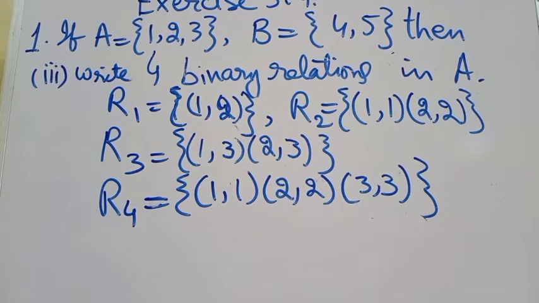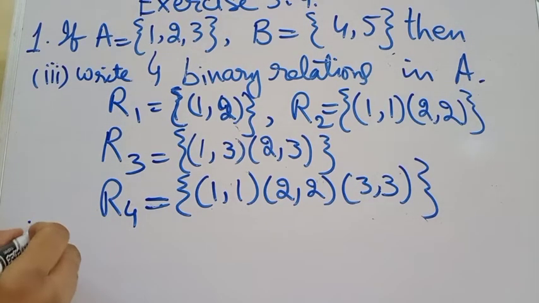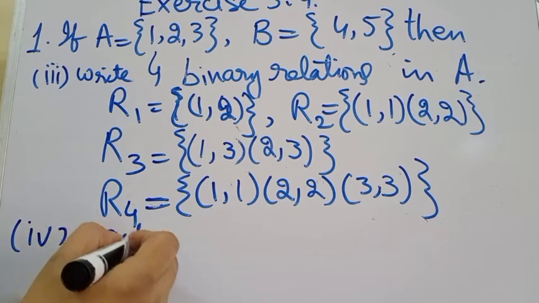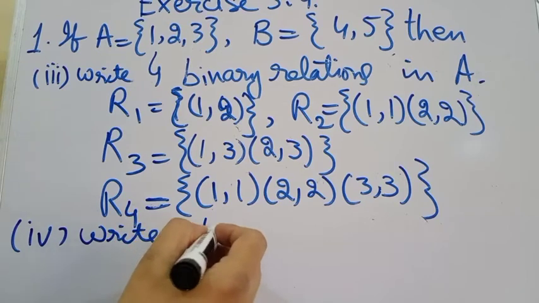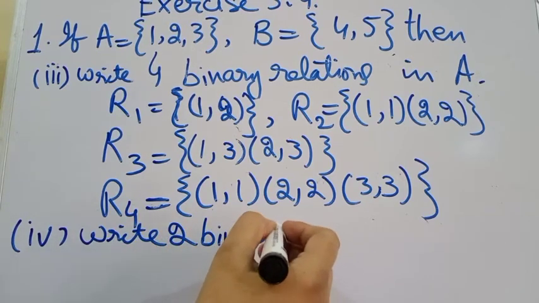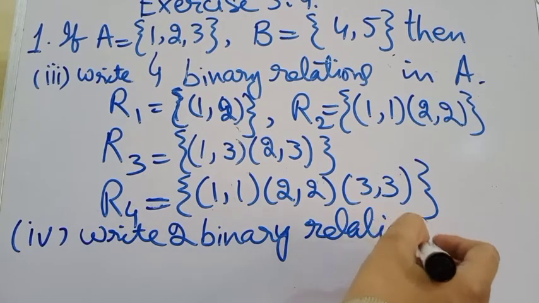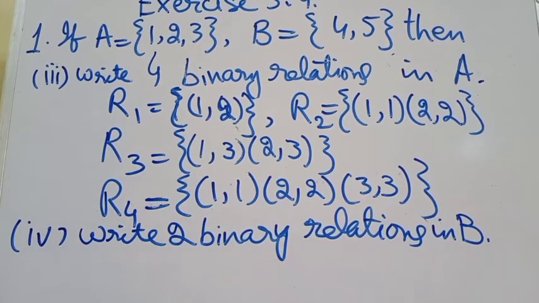This is our third part, and fourth we have: write 2 binary relations in B. This is similar to the third part.